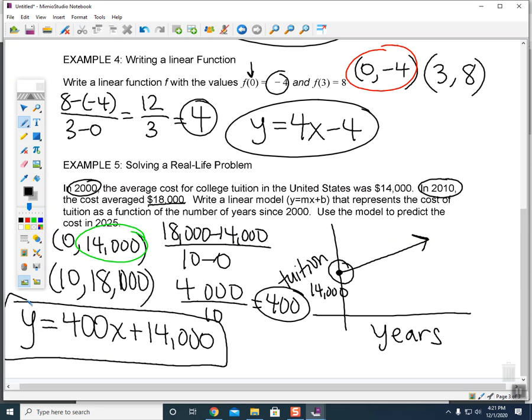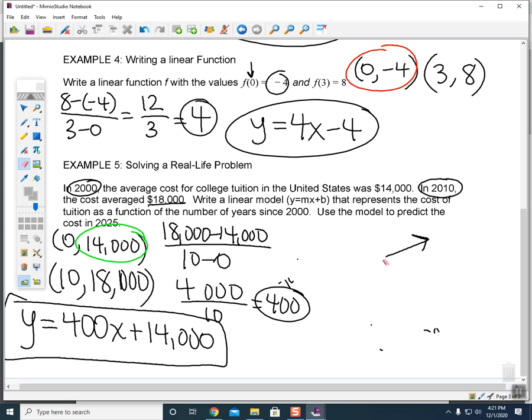So now it asks me, use this to predict what the tuition cost is going to be in 2025. Well, I'm gonna get rid of this graph over here, and then we can solve it. So, between 2000 and 2025, 25 years have passed, right? So if we use our f of x notation, f of 25 is going to be 400 times 25 plus 14,000.